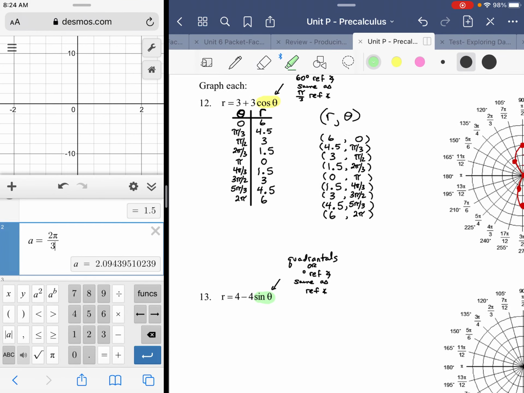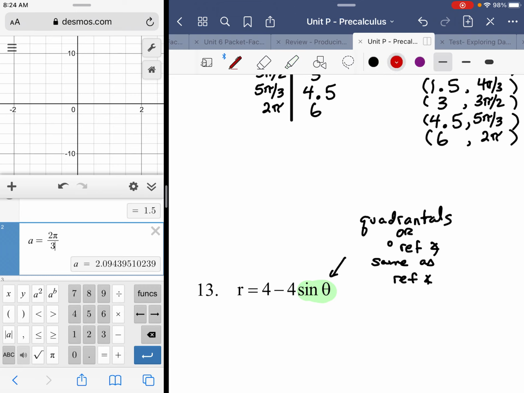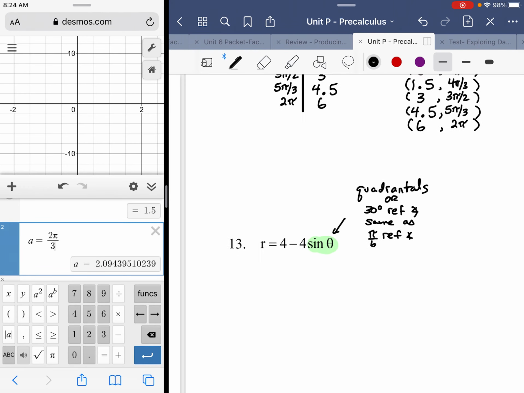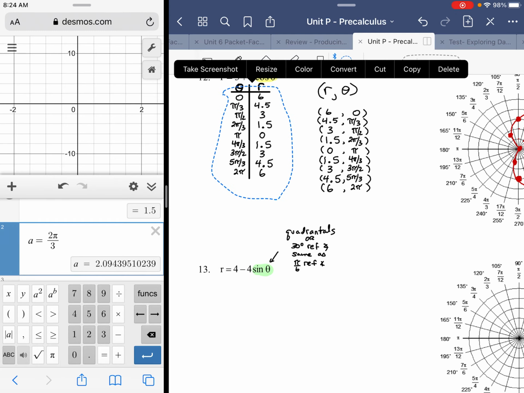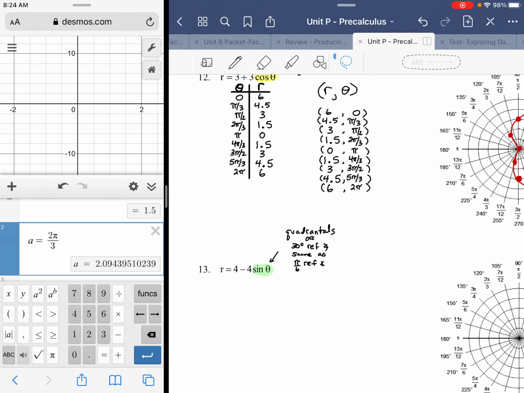So pi over 6, 30-degree reference angles. All right, so that's something good. So we know we're dealing with 30-degree reference angles, or pi over 6 radians as your reference angle.